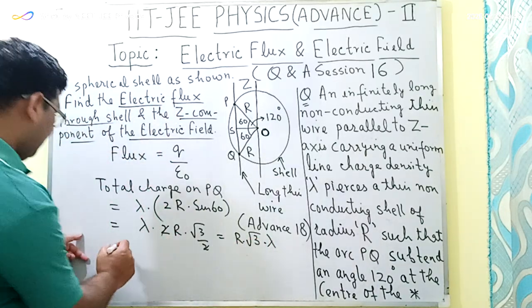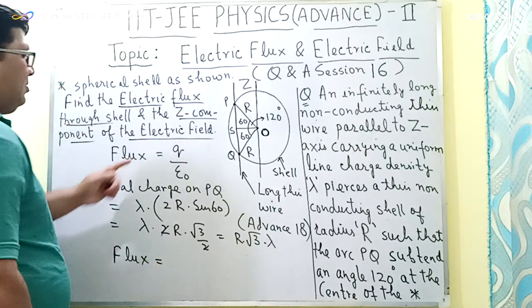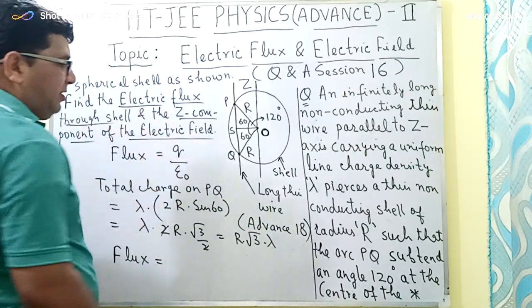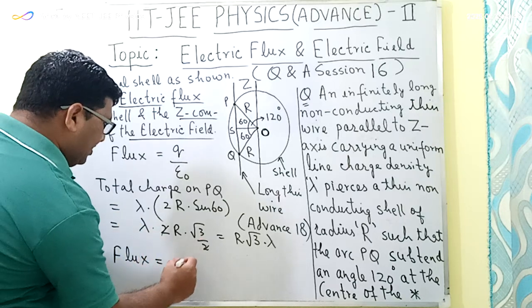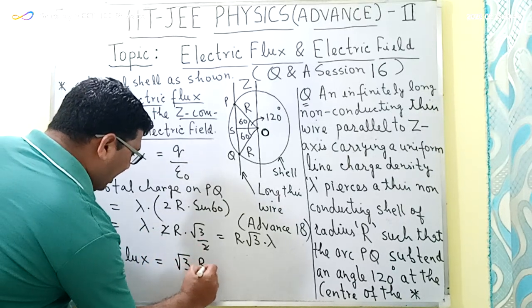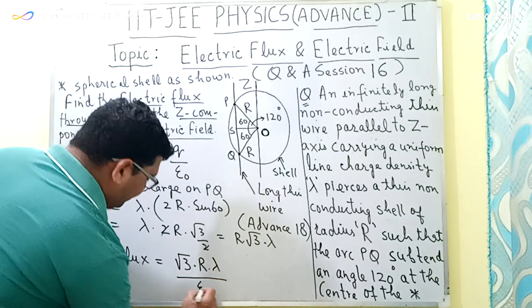So the flux passing through this non-conducting spherical shell will be equal to root 3 R lambda divided by epsilon naught.